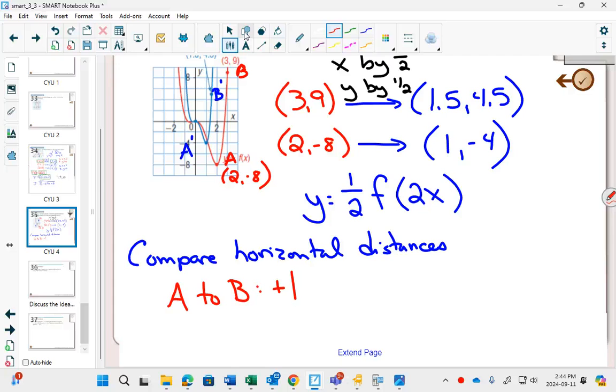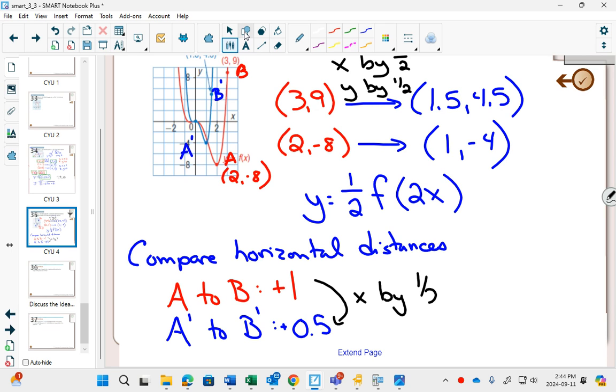And if I look at what happens from A prime to B prime, here I'm going from 1 to 1.5. That would be plus 0.5. How do you go from 1 to 0.5? You would have to multiply your x values by 1/2 to change that horizontal distance from 1 to 0.5.